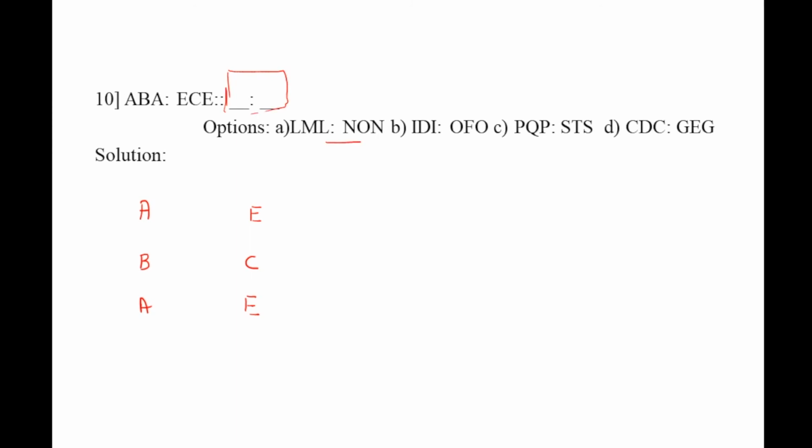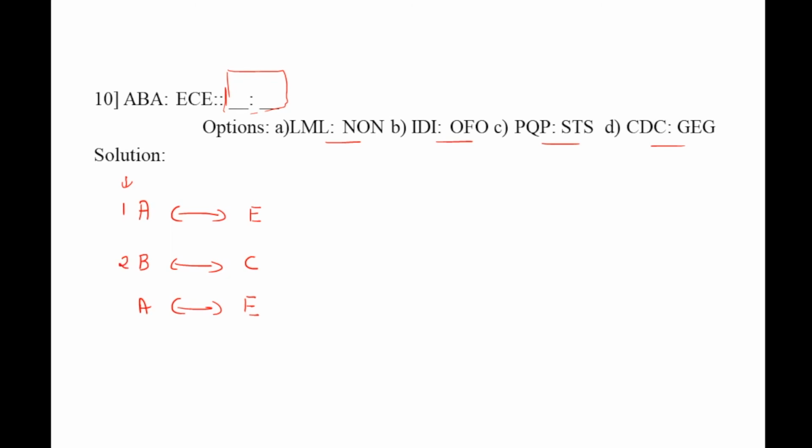So you have to find out which of these options is the better one. First you find out the relationship between this and check in the options whether the same relationship is maintained or not. A belongs to 1, B belongs to 2, again A belongs to 1, E belongs to 5, C is 3, again it is 5. So 1 plus 4 is 5, 2 plus 1 is 3 and 1 plus 4 is 5. So it is plus 4, plus 1 and plus 4 logic, right?